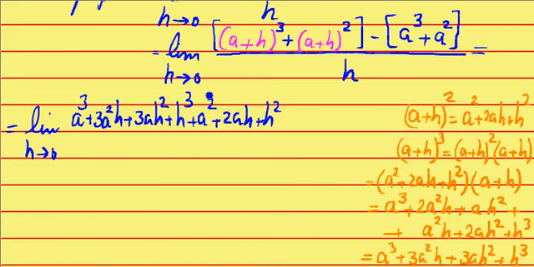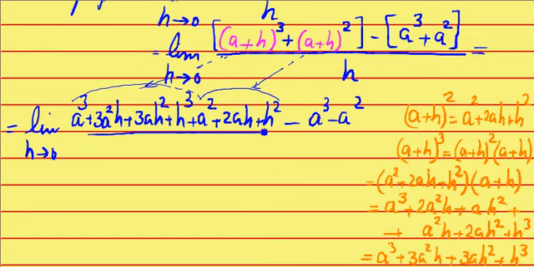That is the second piece here. Minus a cubed, a squared, over h. But there are some cancellations: a cubed, and then you have a squared.